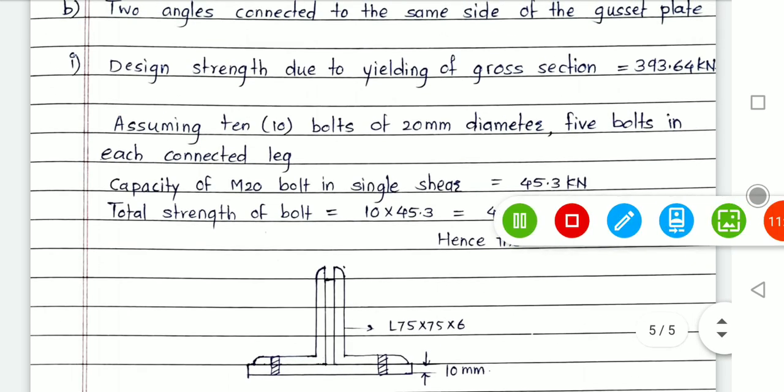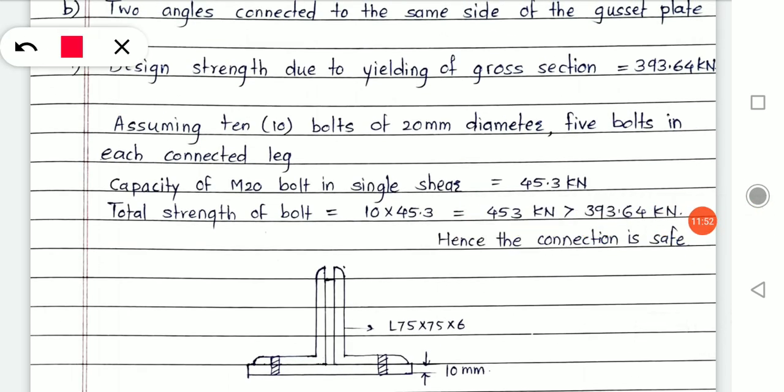First, we will complete the bolt part, design of bolts we will finish, and then we will move towards the TDN. So assuming 10 number of bolts, as you can see, we required 5 bolts to connect one angle. From the previous problem we understood that. That's why to connect the two angles to gusset plates I am using 10 bolts, 5 on each side.